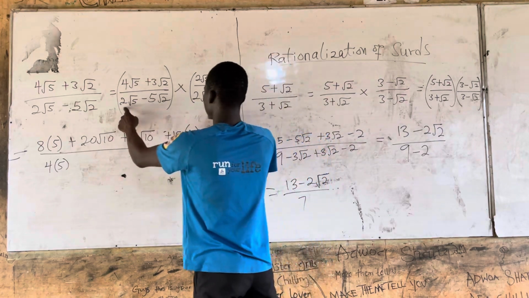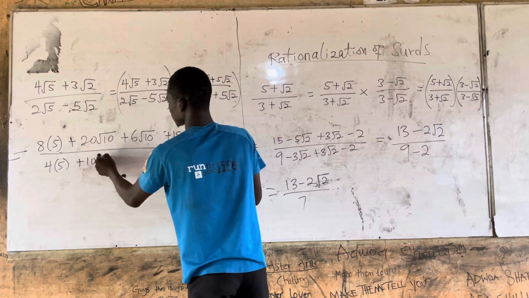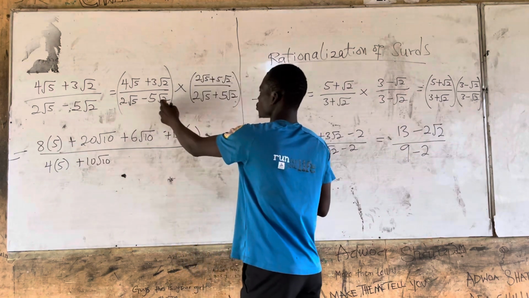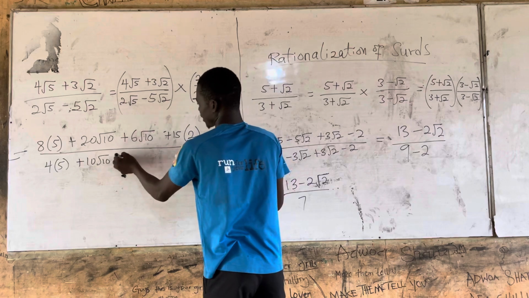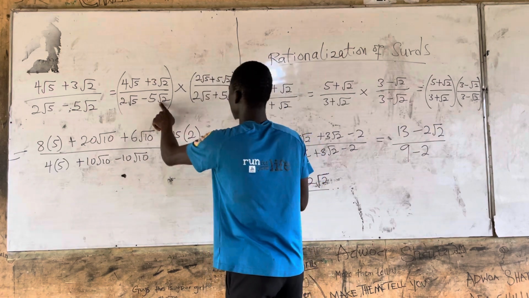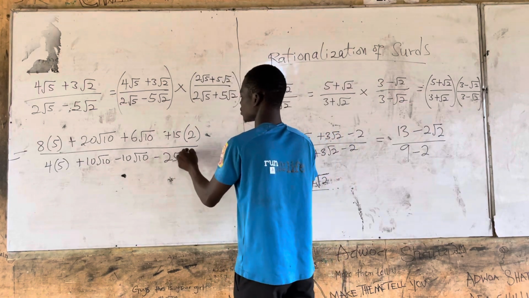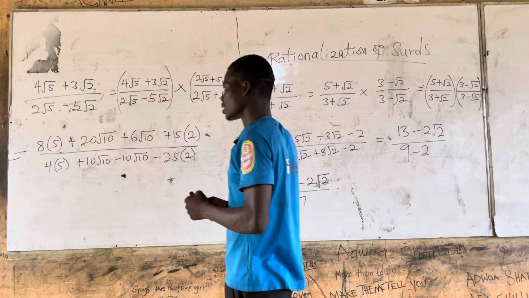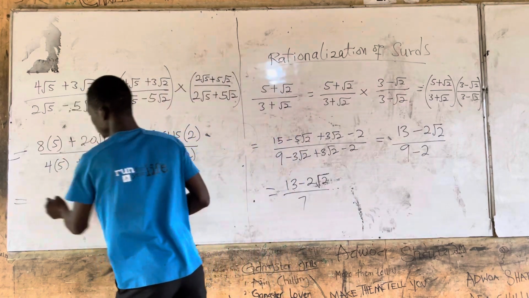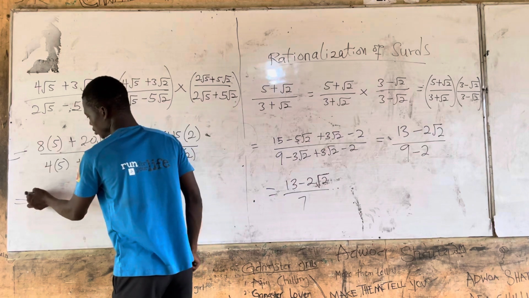So 2 times 5 is 10. We're going to get 10 root of what? 10. Minus 5 root 2 times 2 root 5 is minus 10 root 10. So minus 5 root 2 times 5 root 2, you have minus 25 times 2.